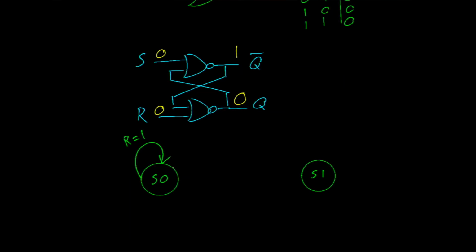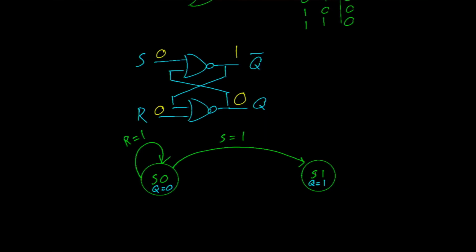However, if you're in state 0 and you assert the set line, so if S is equal to 1, you transition into the S1 state. We know the machine is in the S1 state when Q is equal to 1. Likewise, we know we're in the S0 state when Q is equal to 0.